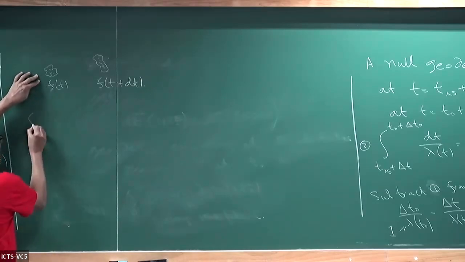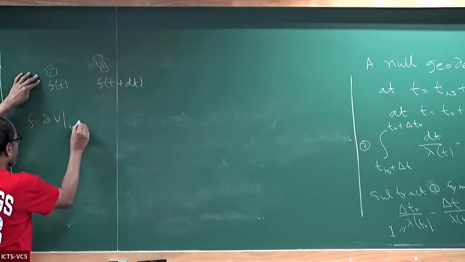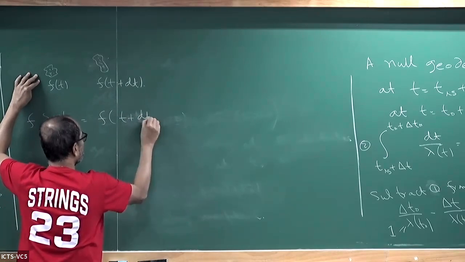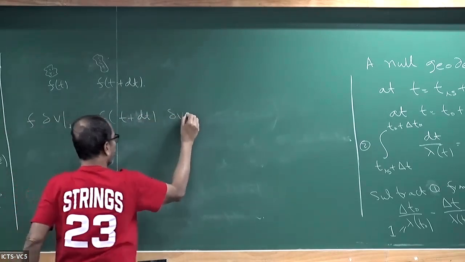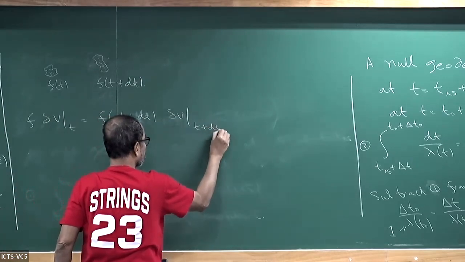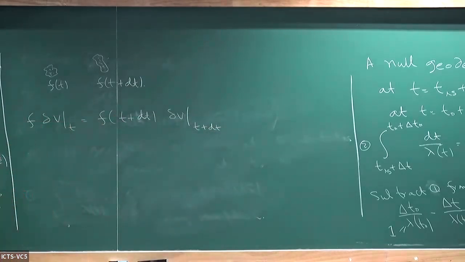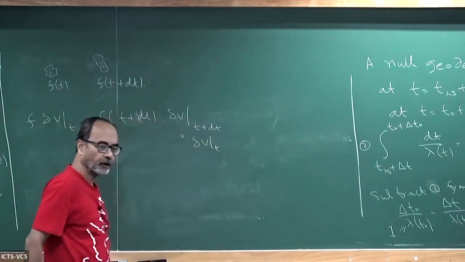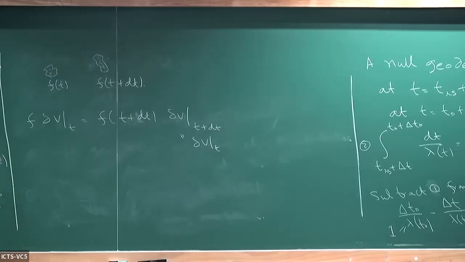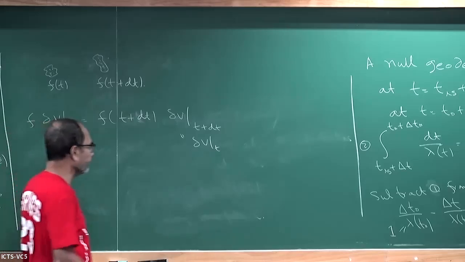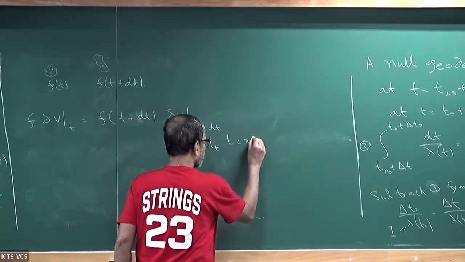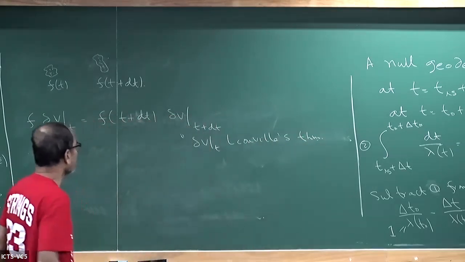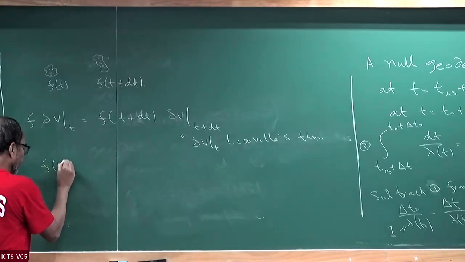So F times delta V at t should be equal to F at t plus dt times delta V at t plus dt. But by Liouville's theorem, this is the same as delta V at t. If you remember, the phase space volume doesn't change with time. Okay, so this is Liouville's theorem. So we see that F at t should be equal to F at t plus dt.